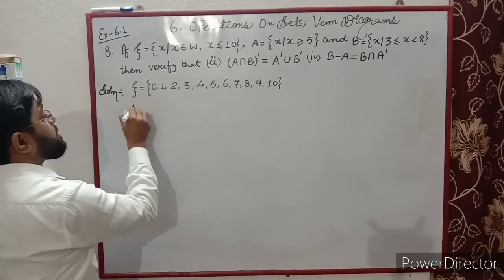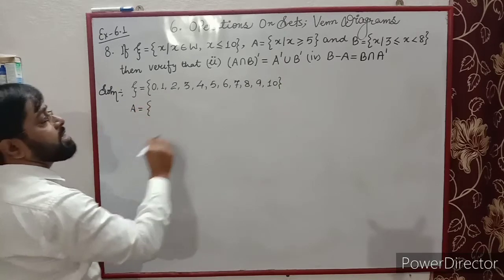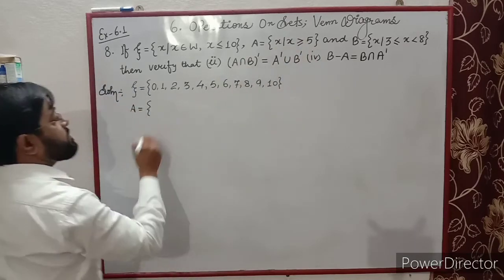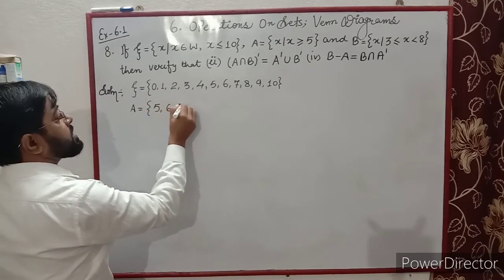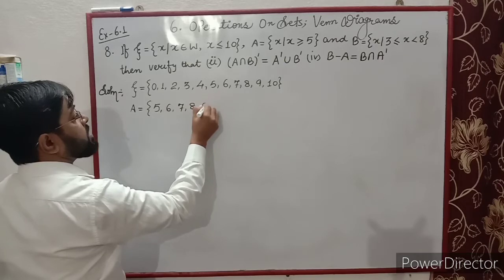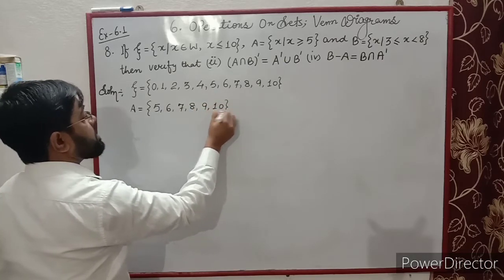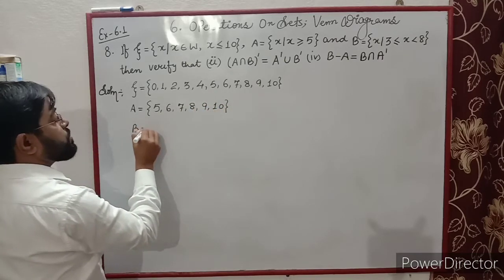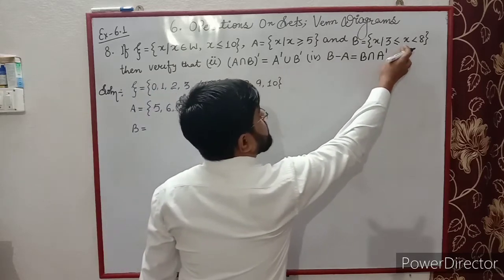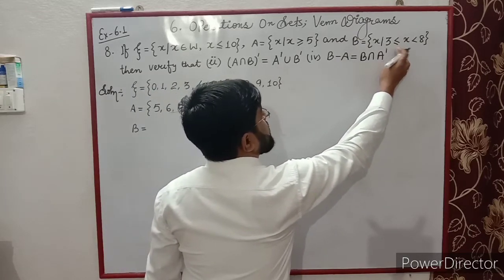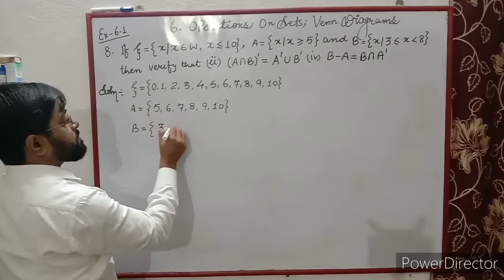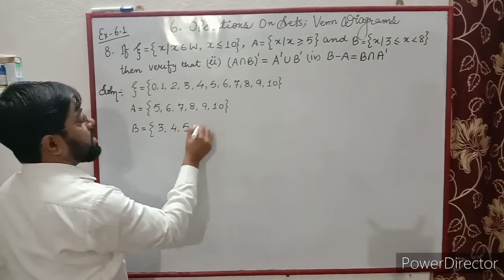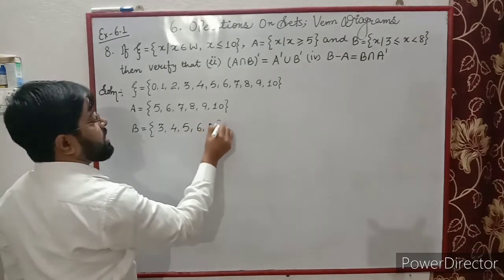Now set A, x such that x is greater than or equal to 5. So 5, 6, 7, 8, 9, 10. Now set B, convert into roster form. The value of x is greater than or equal to 3 and less than 8. So 3, 4, 5, 6, 7.